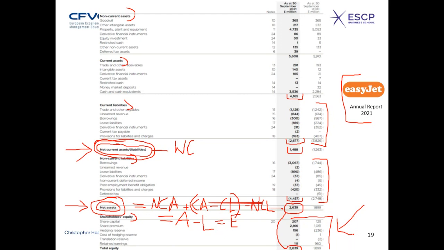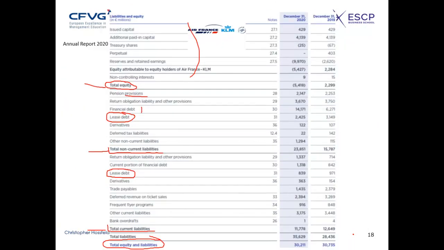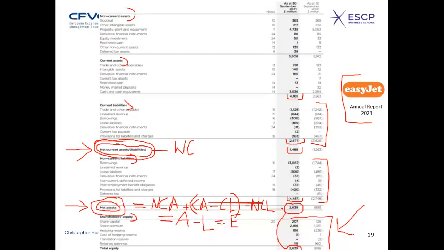Now, I want to give you 5 minutes to compare the balance sheets of Air France and EasyJet, and indicate 3 differences or 3 common points. Can you do that, please?